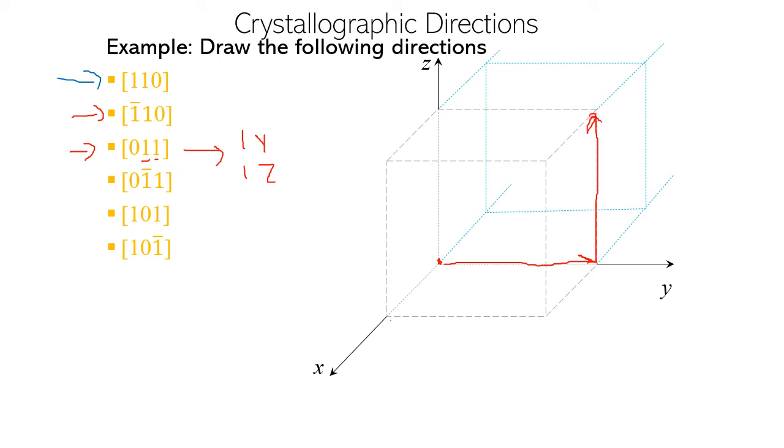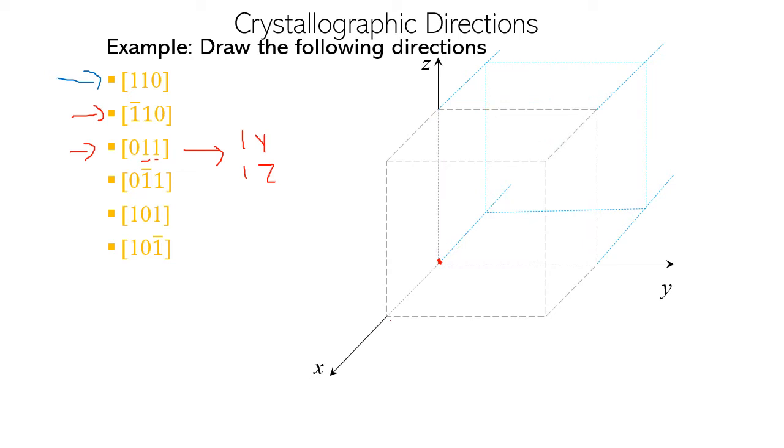Connect this point with the origin. So this is the required direction, 0, 1, 1. Similarly, in the opposite sequence, if you go z first and then y, we will reach the same point again. Okay, hope you have understood this.